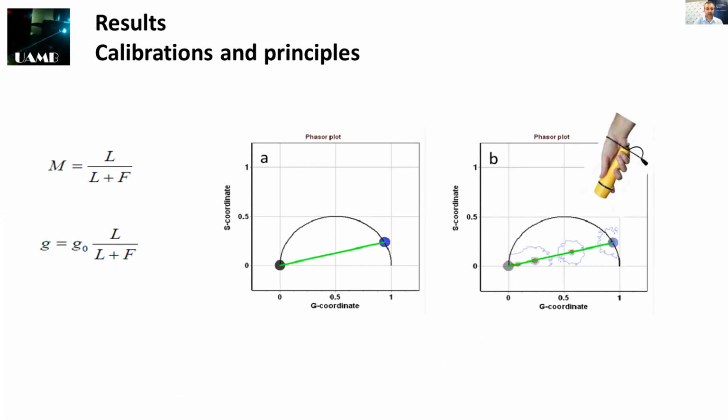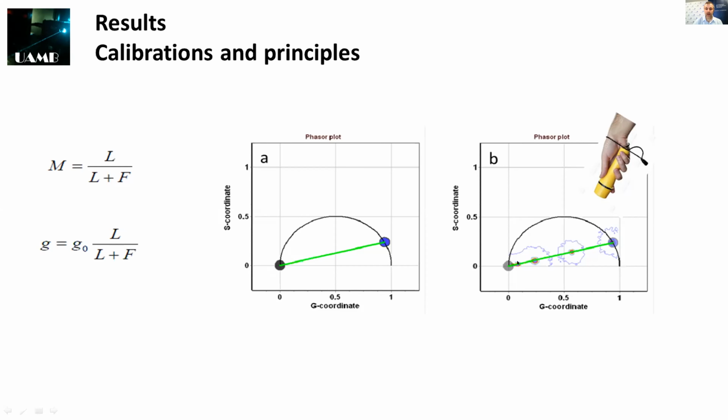So what is the idea here? Okay, imagine that we have a solution of free NADH, that we can dissolve NADH in a buffer, and then we can do a measurement. And the measurement will be in this position, which is more or less 0.4 nanosecond. If we shine different amounts of light, the position of the phasor will be moved toward 0, 0, because the more intensity of light, we will compete basically with the fraction of NADH and our light.